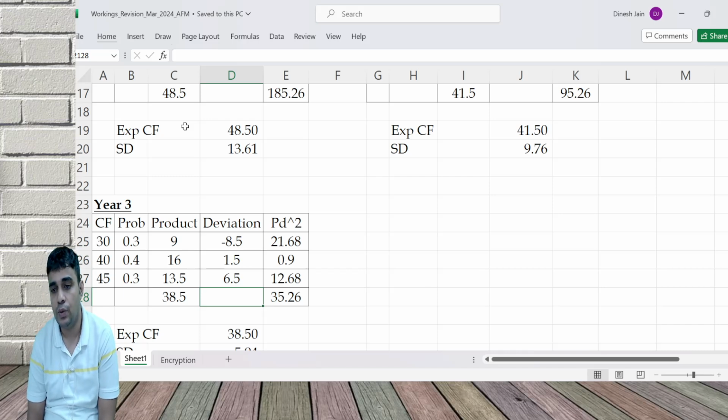Do second year, do third year, and then do expected NPV and SD if dependent, SD if independent. Time consuming, but I want you to practice one question.